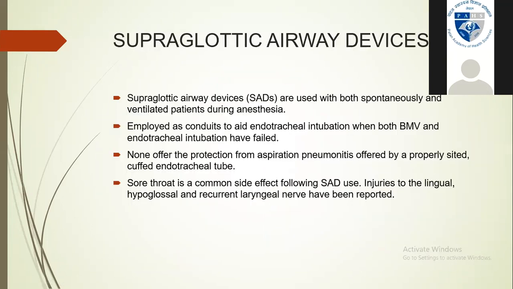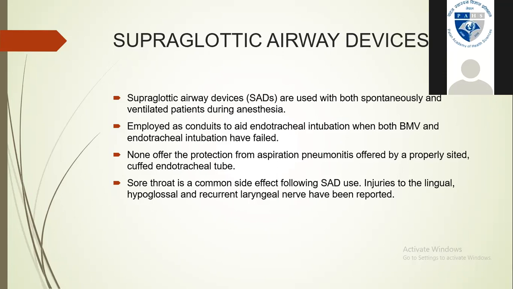The major discussion topic today will be supraglottic airway devices and their use. Supraglottic airway devices are used in both spontaneously breathing and ventilated patients, and when bag and mask ventilation and endotracheal intubation have failed. Among all the supraglottic airway devices, none offers protection from aspiration pneumonitis as provided by the endotracheal tube.